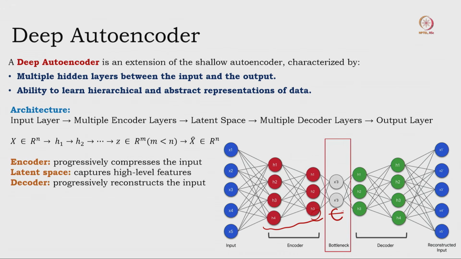From here you will pass it to the hidden layers of the decoder. So, here you see there are more than one hidden layer. When you have multiple hidden layers, we call it a deep autoencoder.